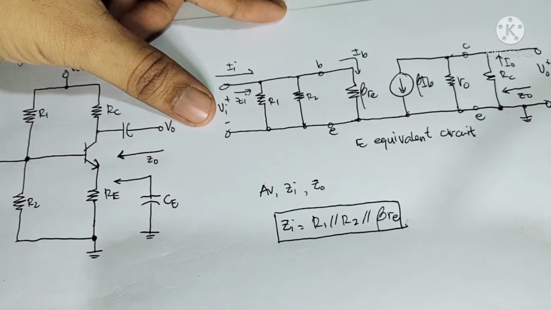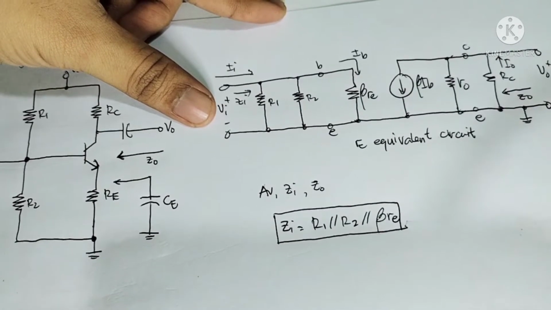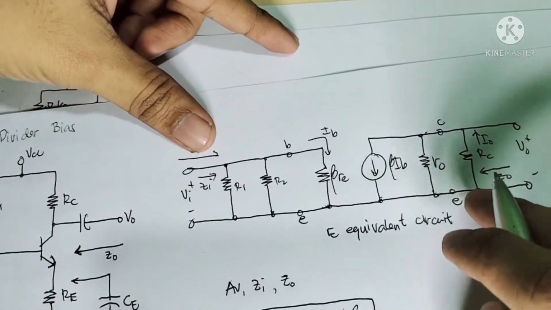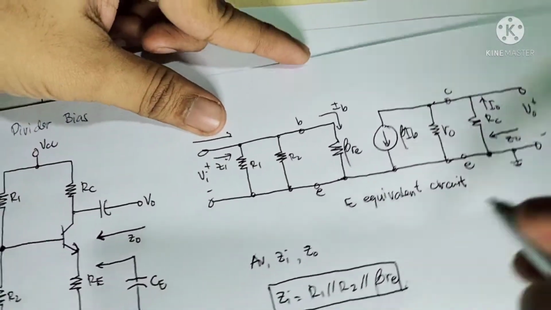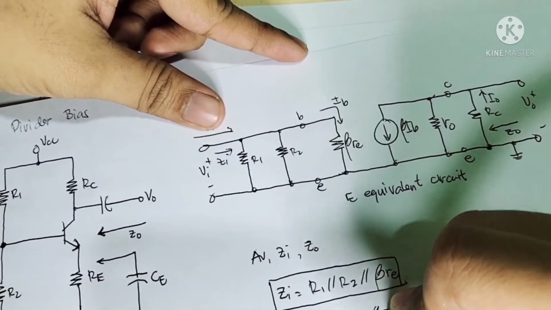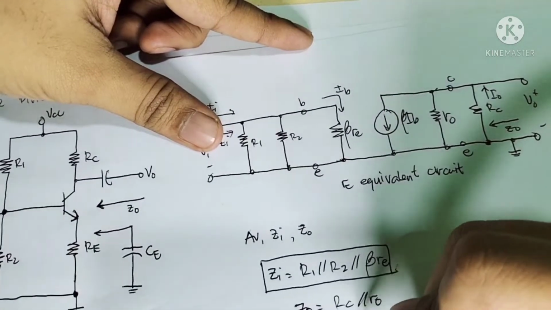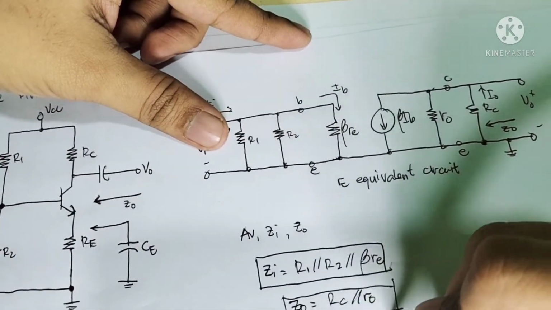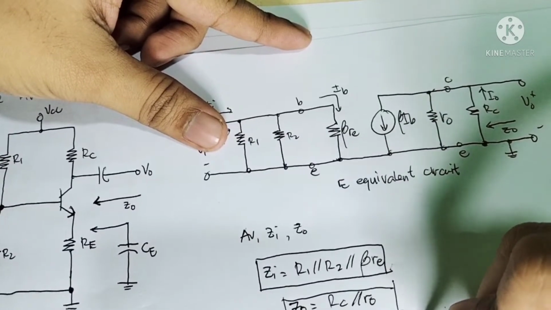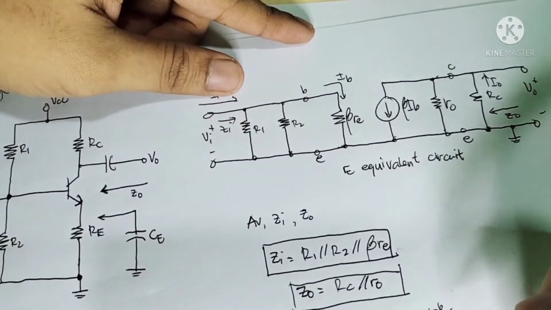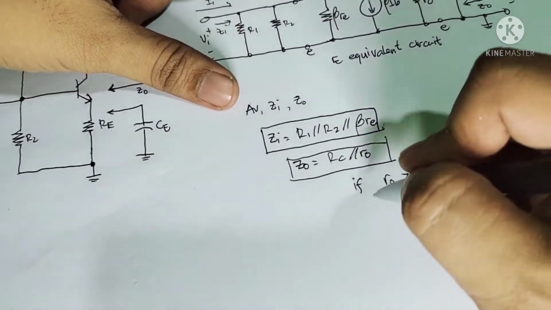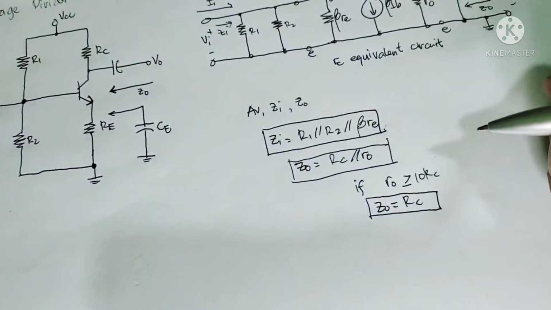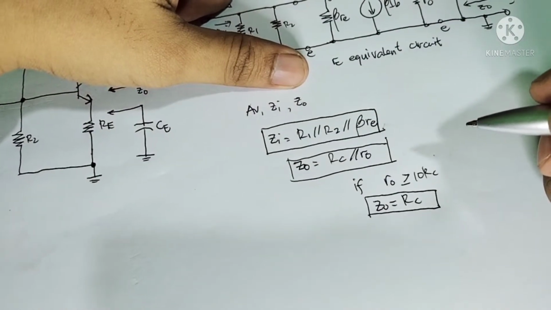Now the output impedance. As you can see on the output side, it is just equal to R sub O parallel with RC. But we can approximate the formula: if RO is 10 times greater than R sub C, then ZO is just equal to RC.